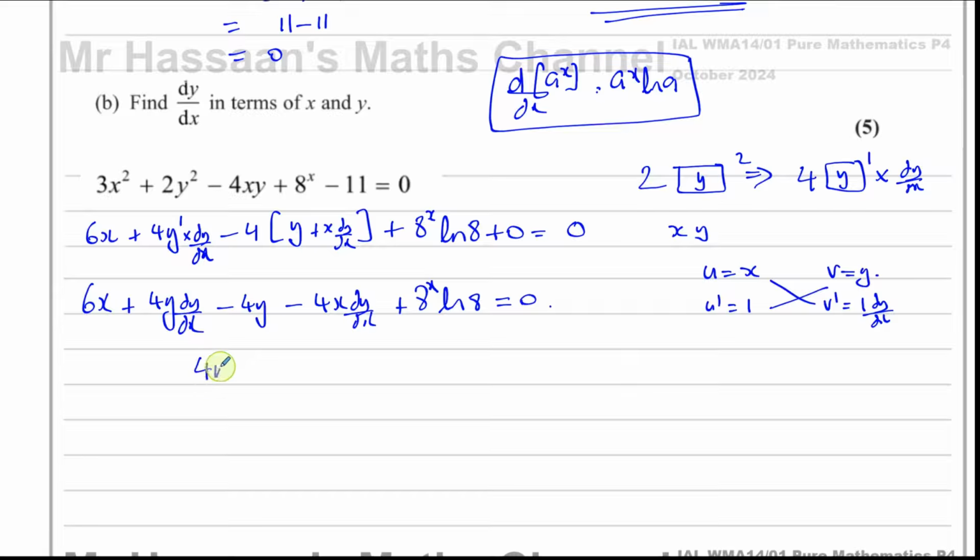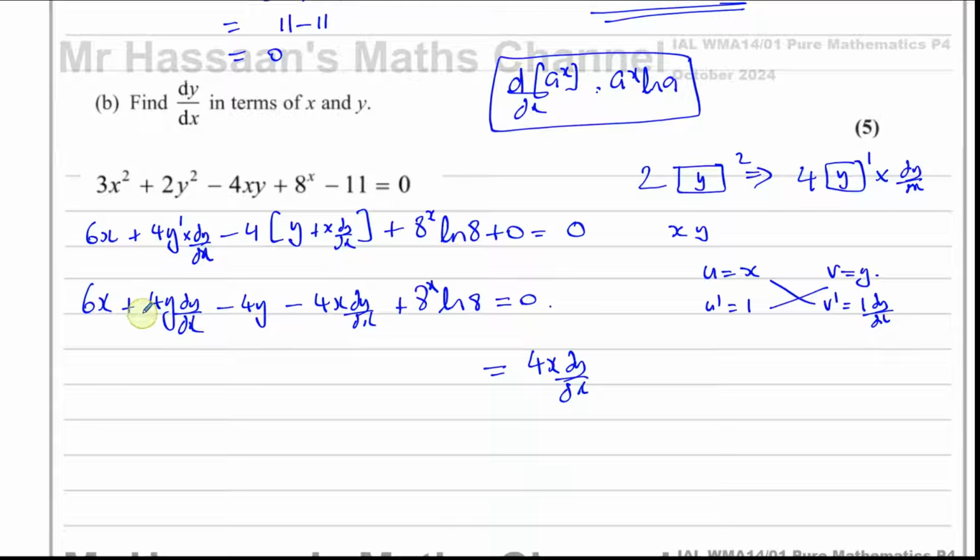So I'm going to keep the dy dx terms on one side of this equation. So 4y dy dx plus minus 4x dy dx is equal to, now what I'll do is, in fact, you know what I'm going to do to make it look neat in the end? I'm going to do the other way around. I'm going to say on this side I'll have 4x dy dx.